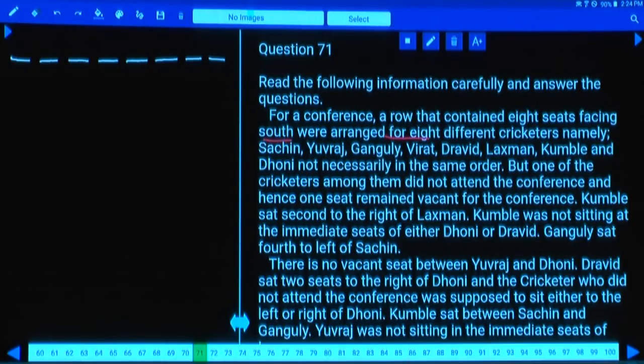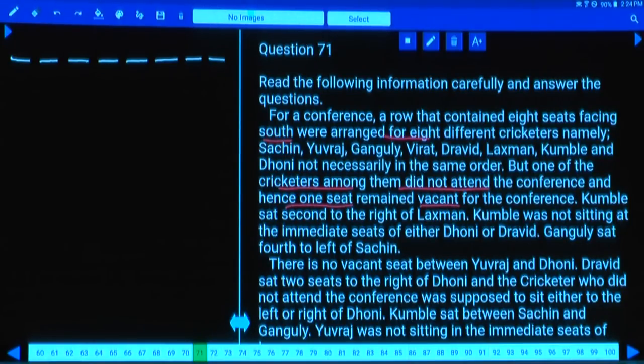So in total we have 8 persons, but among these 8, one is absent, and the remaining 7 persons are seated in these 8 places. That means one of the places is vacant. One of the cricketers did not attend the conference, and hence one seat remained vacant.